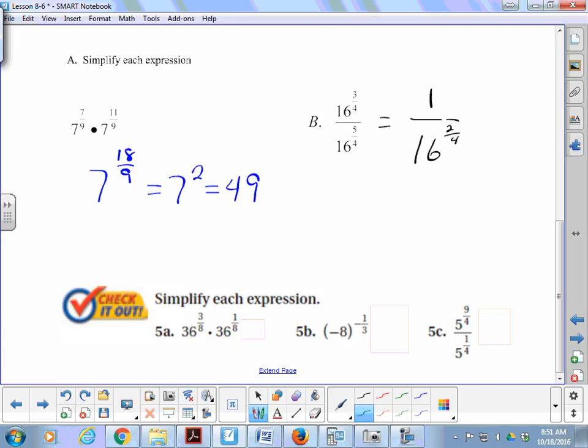We know that 2/4 is 1/2. What's the 1/2 power the same as? Square root. So this is the square root of 16, and the square root of 16 is 4. So this is just equal to 1/4.